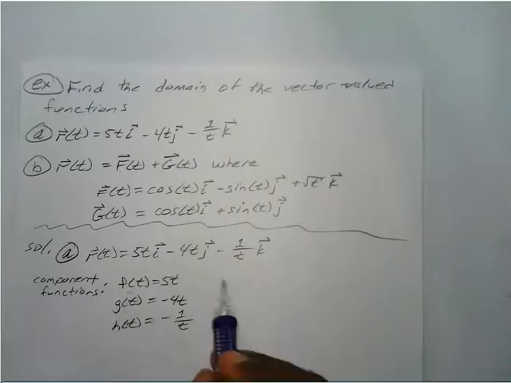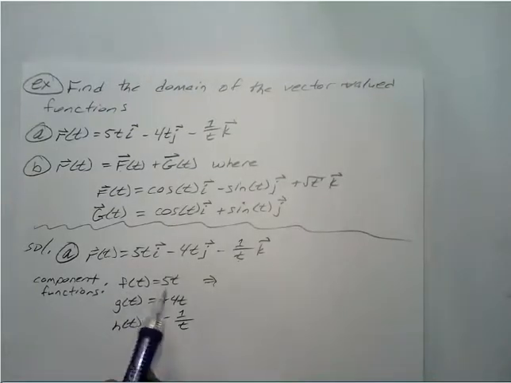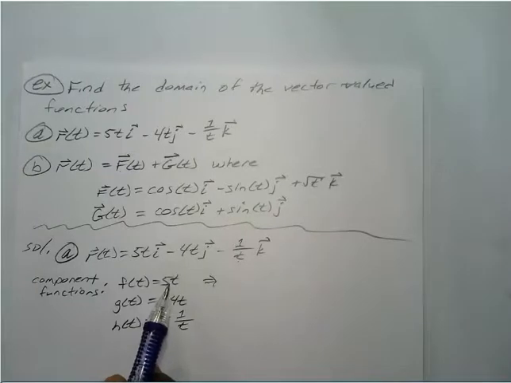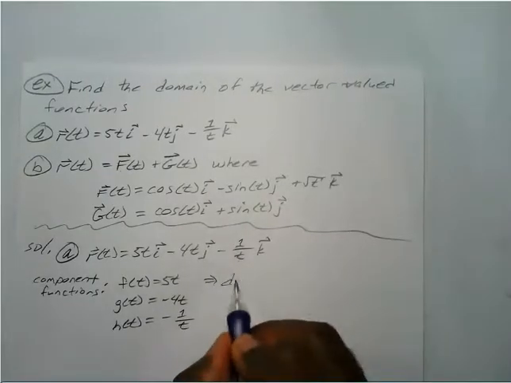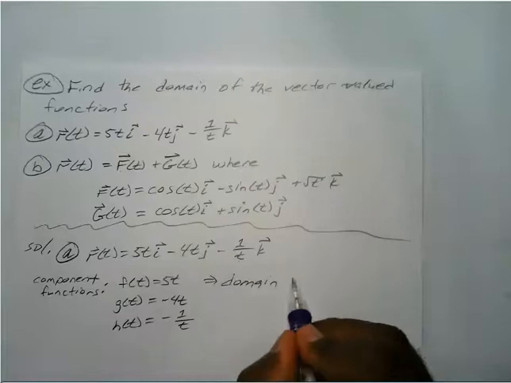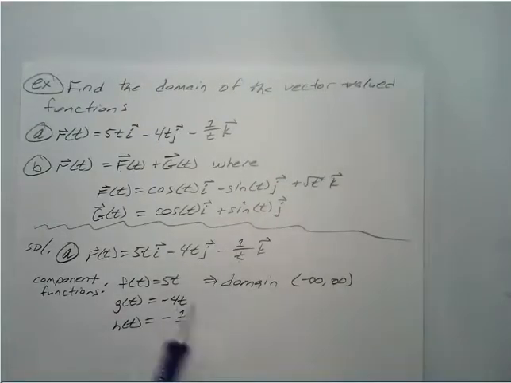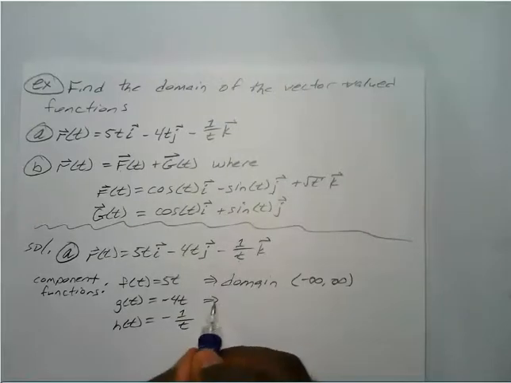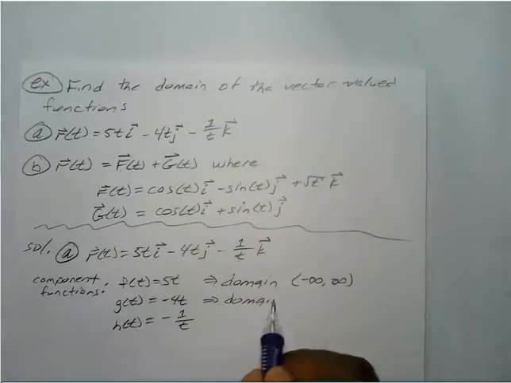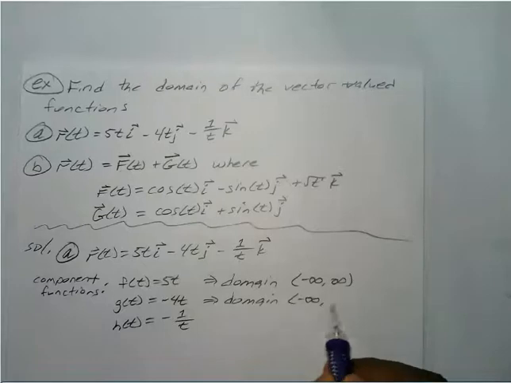Now f of t, 5t, is defined for every real number. So from negative infinity to infinity, you plug in t, you'll get a real number answer. So your domain is negative infinity to infinity. Same thing with negative 4t. If you plug in any real number for t, you will get a real number answer. So your domain here is negative infinity to positive infinity.